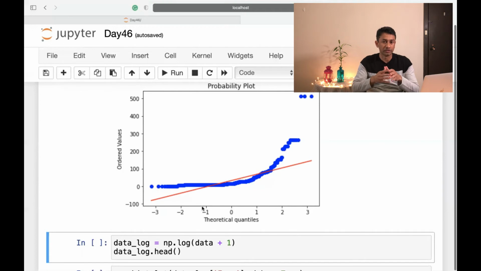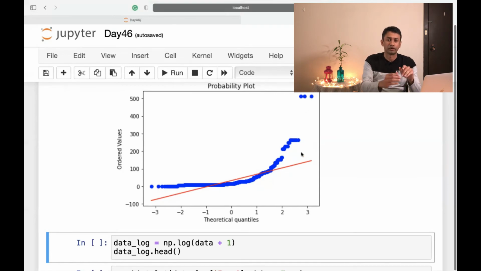But what we see here is that there is an extremely large number of values on the higher side of the curve, there are some values towards the lower side, and then there are some extreme values on the higher side of the curve. So we know for sure that in these cases the data is heavily skewed.